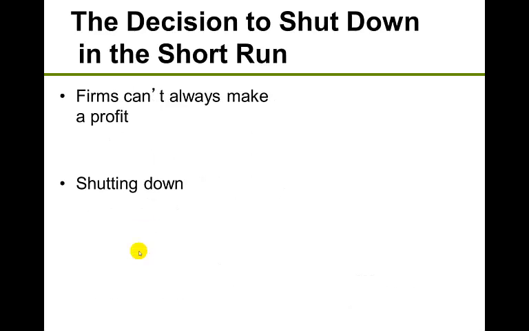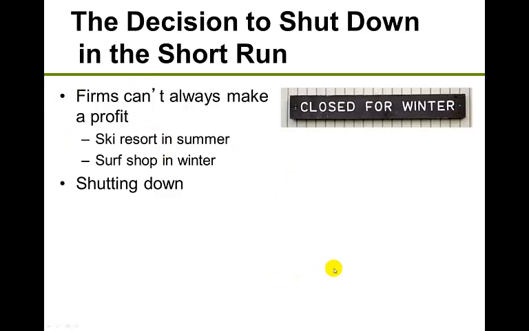Right now we're talking about the short run, and recall in the short run, I can't always decide to go out of business totally because I can't change my fixed costs. I can change my variable costs, and I can't change my fixed costs. So sometimes firms will decide to shut down in the short run.